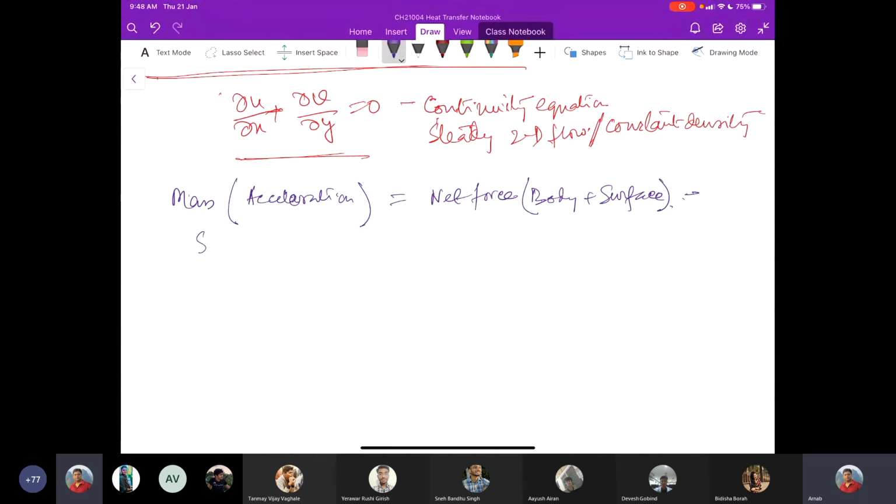If I have a small element of mass delta m in the x direction, say with acceleration ax, it equals the surface forces in the x direction plus the force due to the body force b in the x direction.